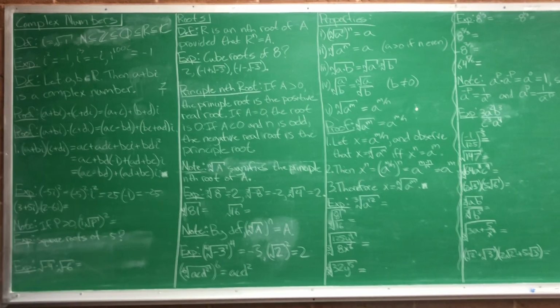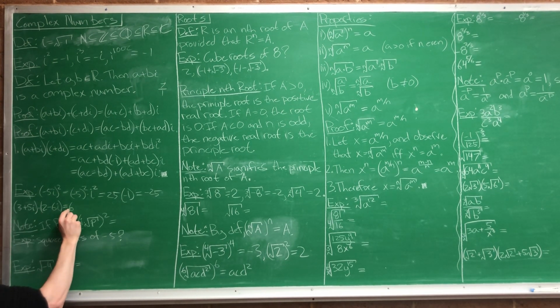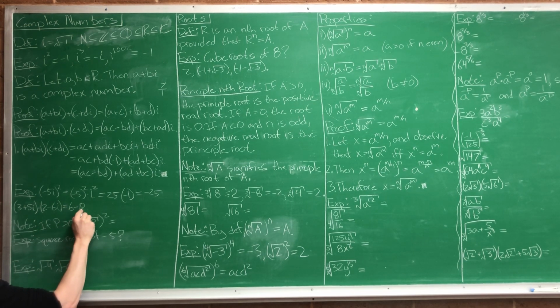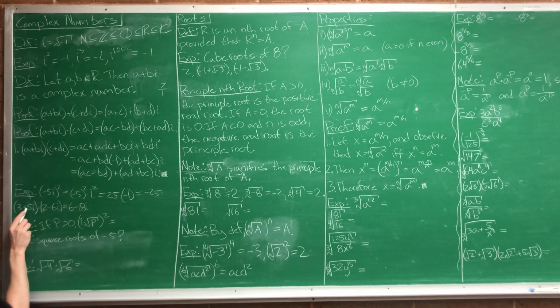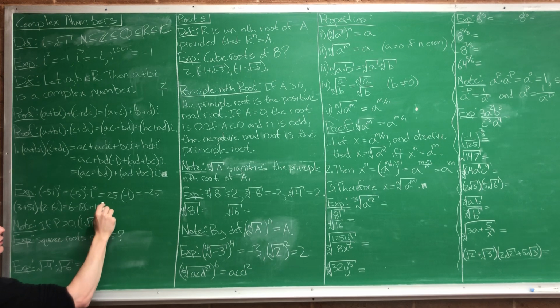Nice. All right. Multiplying this out, 3 times 2, that gives us 6, right? Then we have 3 times negative 6i gives me negative 18i. Then we have 5i times 2 gives me plus 10i.